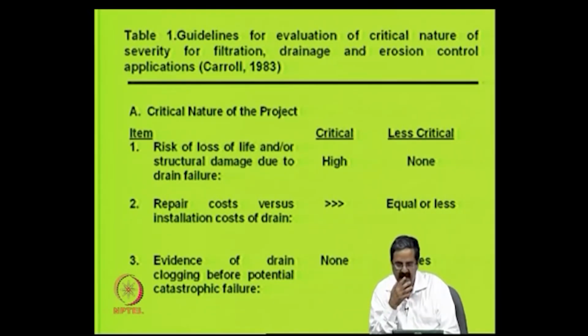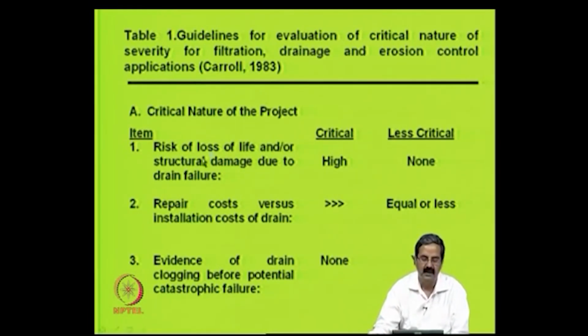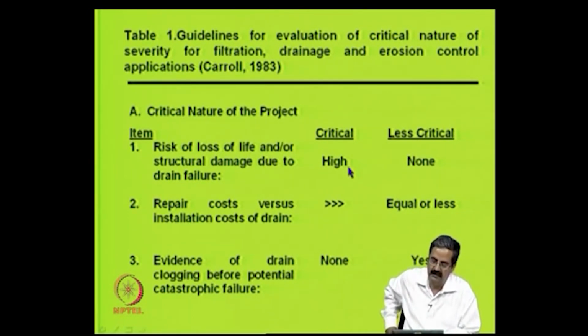So there is a need to understand to what extent it is important. Say for example here, the critical nature of the project: risk of life and structural damage due to drain failure. Say the drainage is not good and then there is pore pressure development and all those things, then the requirements are going to be very high. Criticality is very important, right.